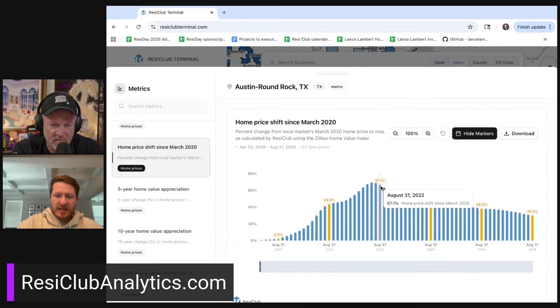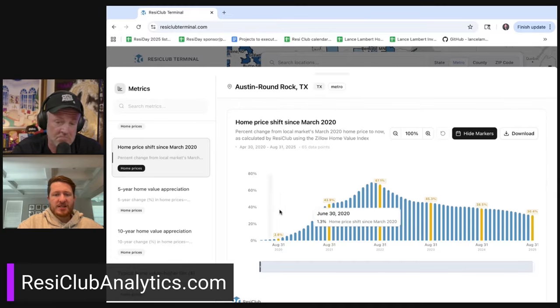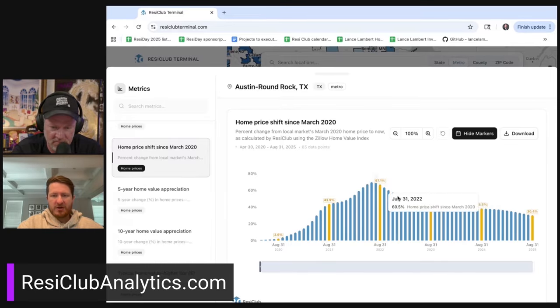You can see that in May and June, it was up like 69% in a 20-month period, right? And so now it's up 30% versus March 2020. Yep. And inflation's up almost that. So the dynamics are much more favorable for investment in Austin now that it's had this correction. Oh, no question. I would agree with that.